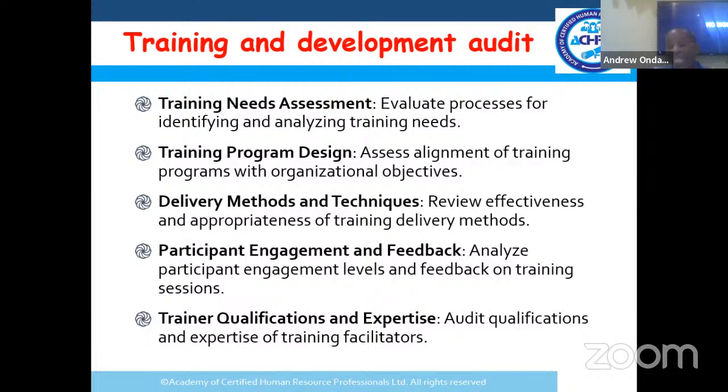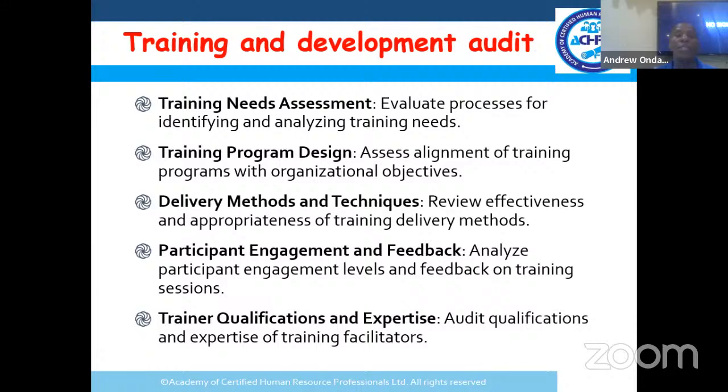One is the training needs assessment, because we all know that without this process, there is no possibility that we can conduct an effective training and development program. Training needs are gaps that are identified as a result of performance evaluation. These gaps can be in the form of, one, wastage of time and resources or materials.